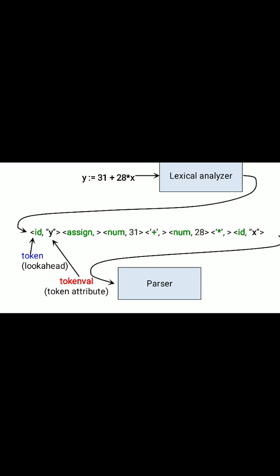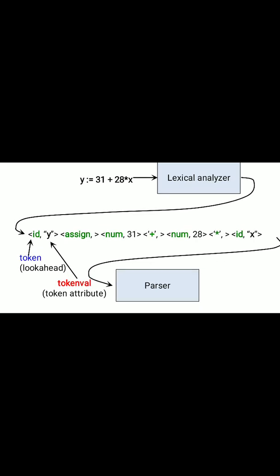After that, you can see there is an assignment operator. For an operator, the second column, the attribute, is not there. Then next is 31, it's a number. Again, num is a kind of token, and 31 is the lexeme which is matched for that number.